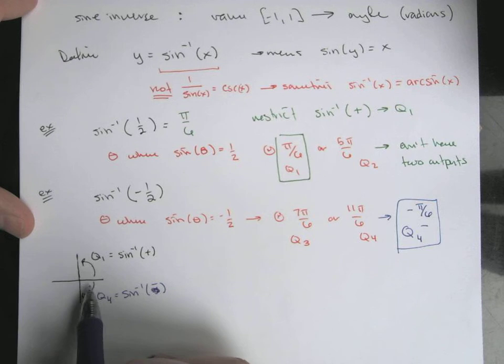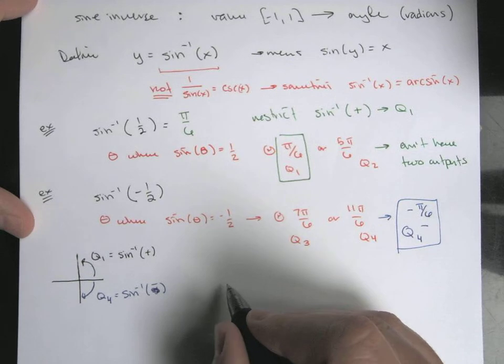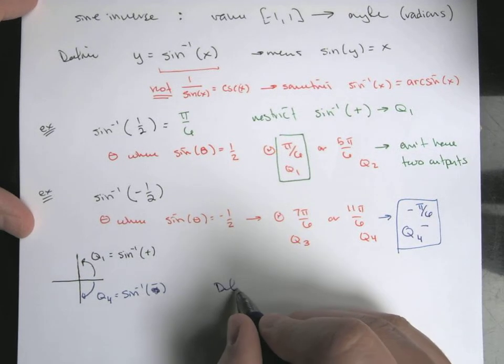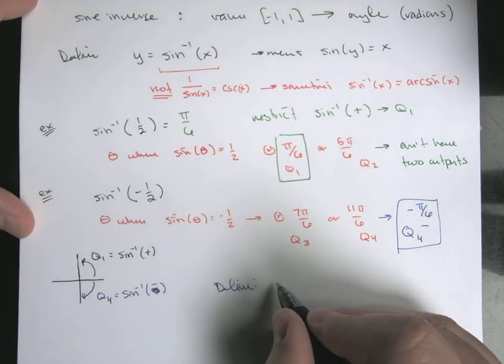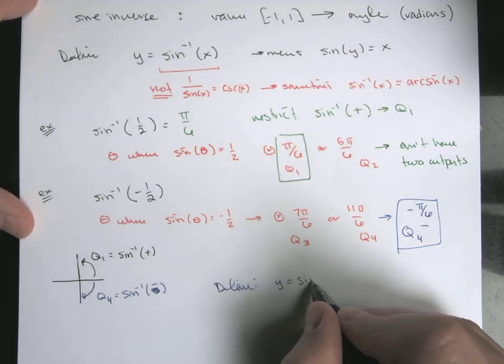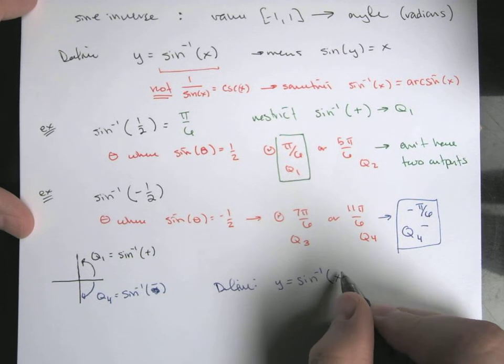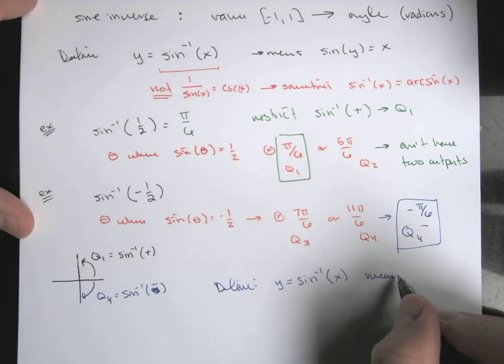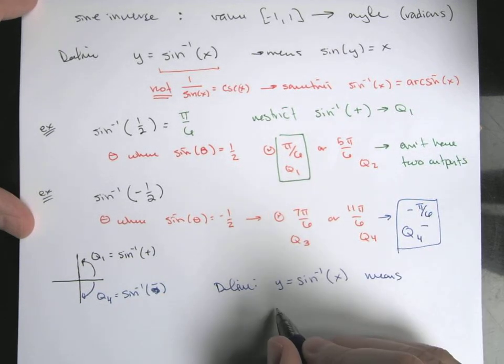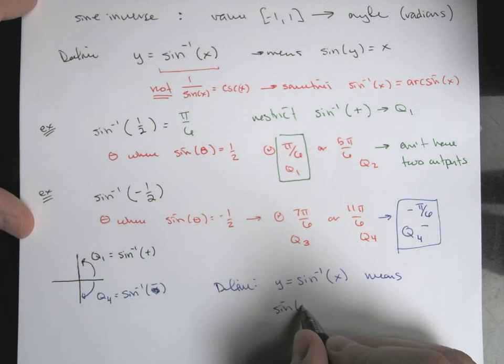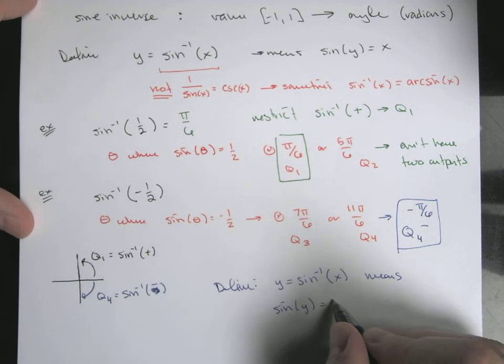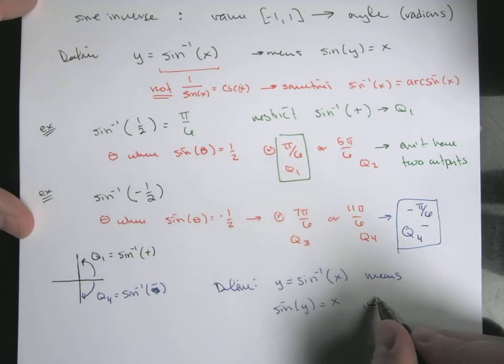This is a couple things. It gets me two connected intervals, right? So we can define this more particularly. y equals sine inverse of x means the sine of y equals x.